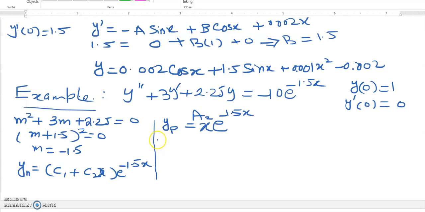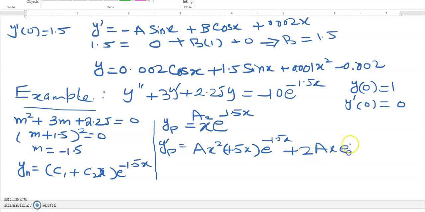For this undetermined coefficient, we need to determine the value of a, so we need to differentiate twice. So y p prime will be a x square times minus 1.5 into e power minus 1.5x, and then plus 2ax into e power minus 1.5x.